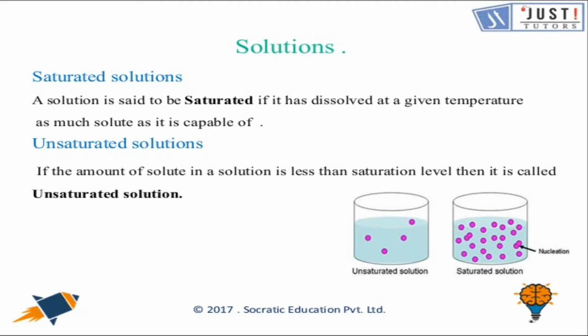So we can take example of a saturated solution like a sugar serum, which we used for sugar balls in sweets. So we add sugar to the water up to the level when no more sugar can be added. So that is example of saturated solution.